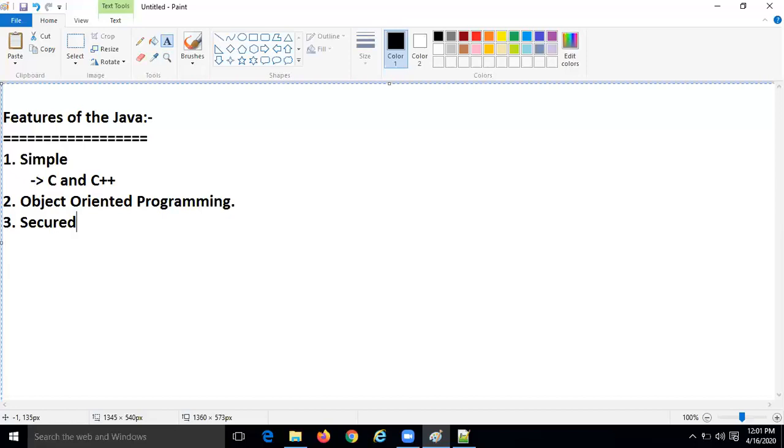Wherever you require security, especially in banking domains, we need to use Java.